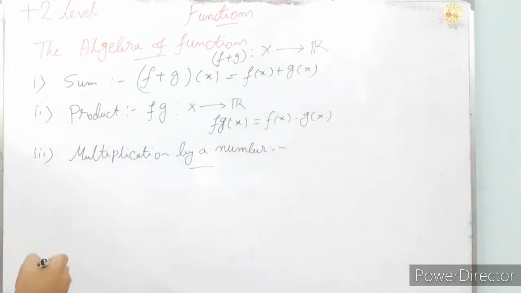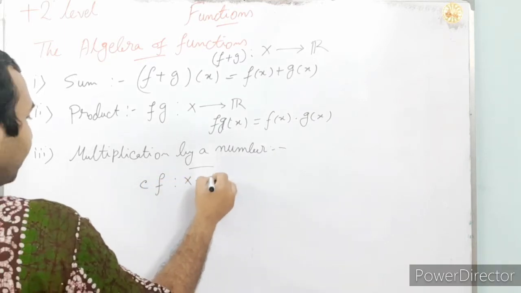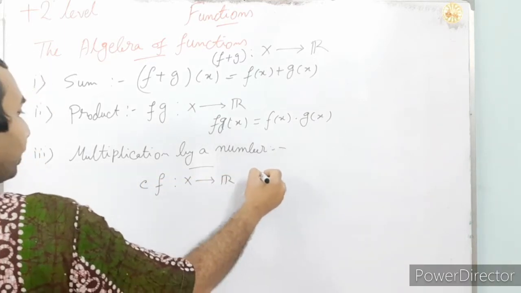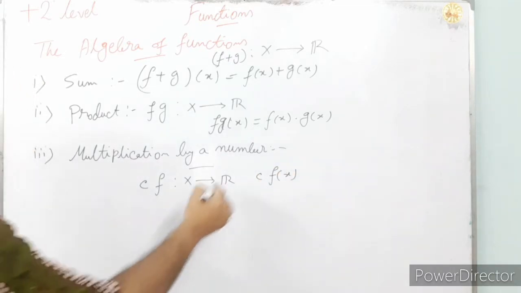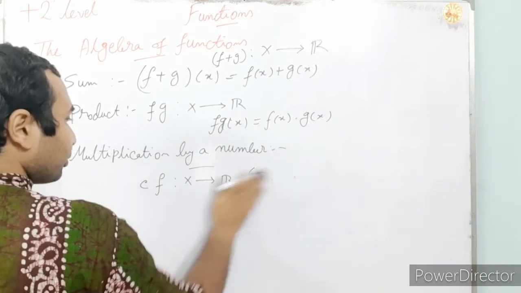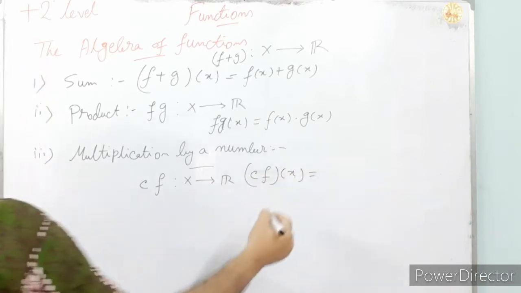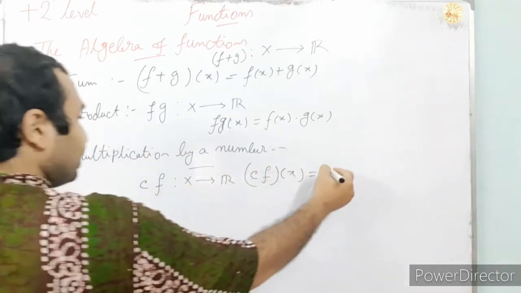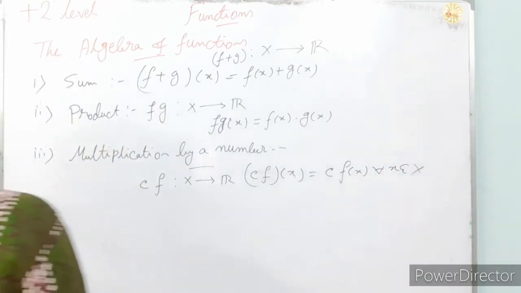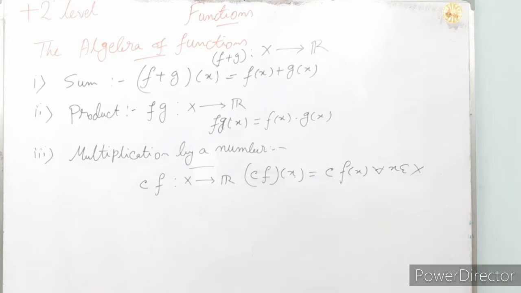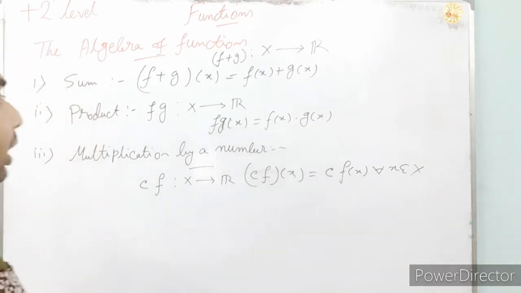Multiplication by a number means the function will be cf from X to R. It will be defined as (cf)(x) equals c times f(x) for all x belonging to X. So those are the basic algebra of the functions, that is the operations on real functions.